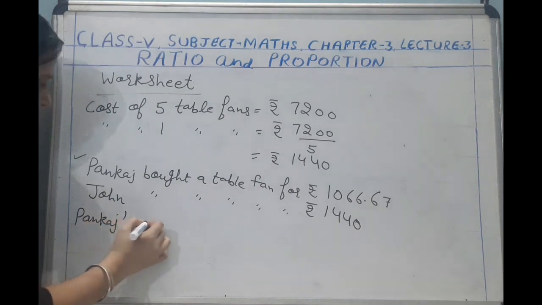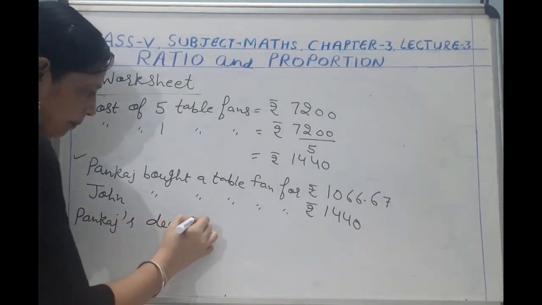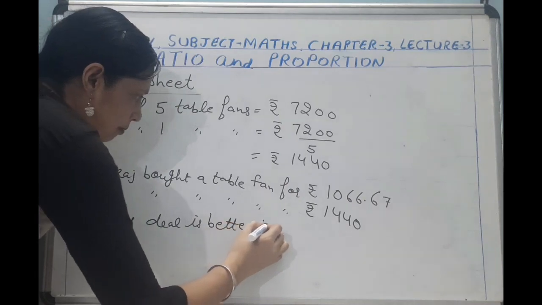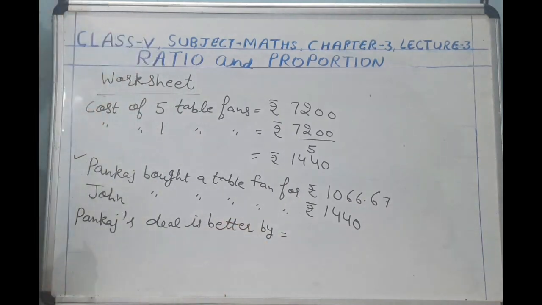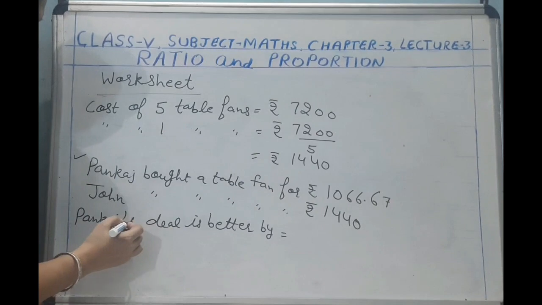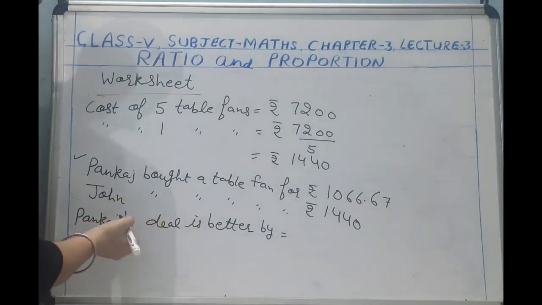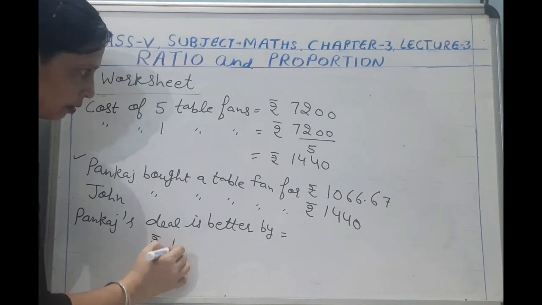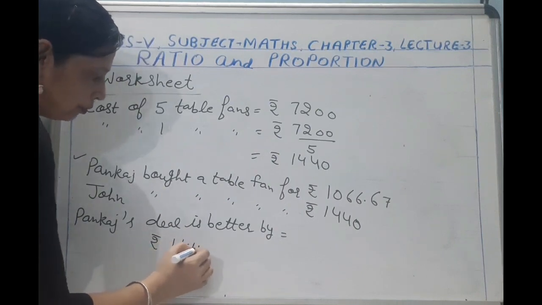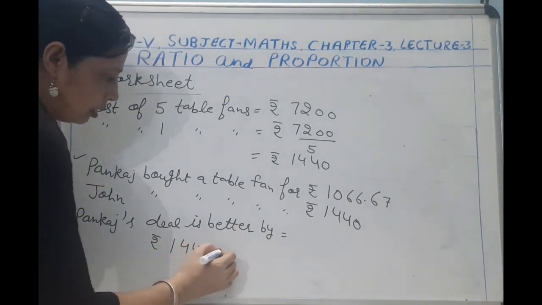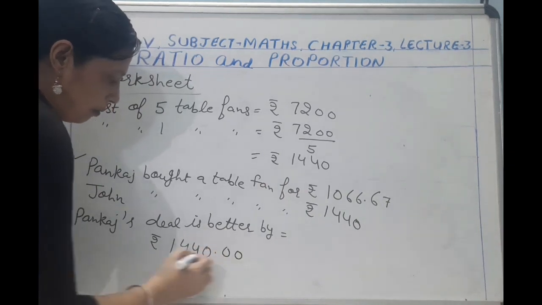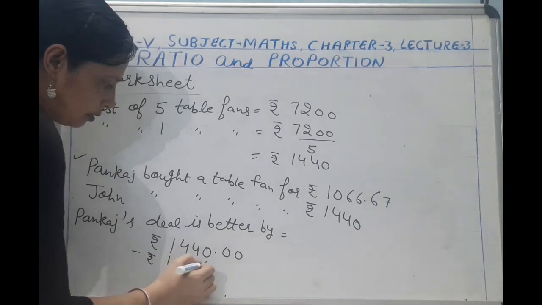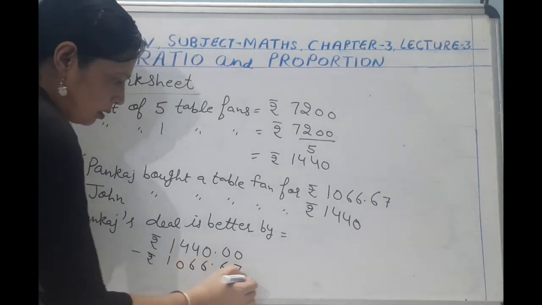Pankaj's deal is better by. कितने रुपीस ज्यादा, कितने रुपीस का फायदा हुआ पंकज को? रुपीस 1440.00 minus rupees 1066.67.